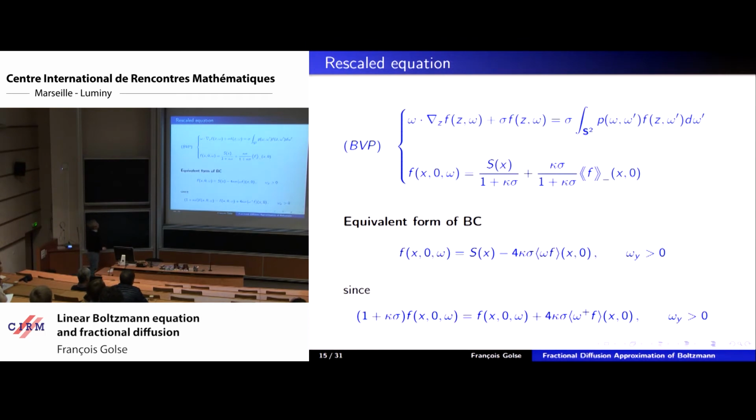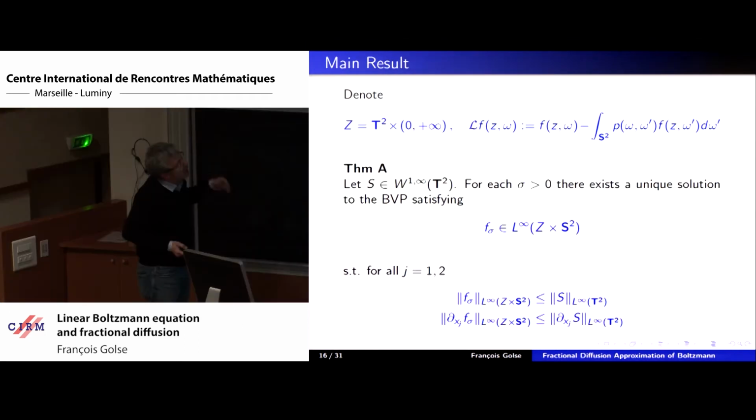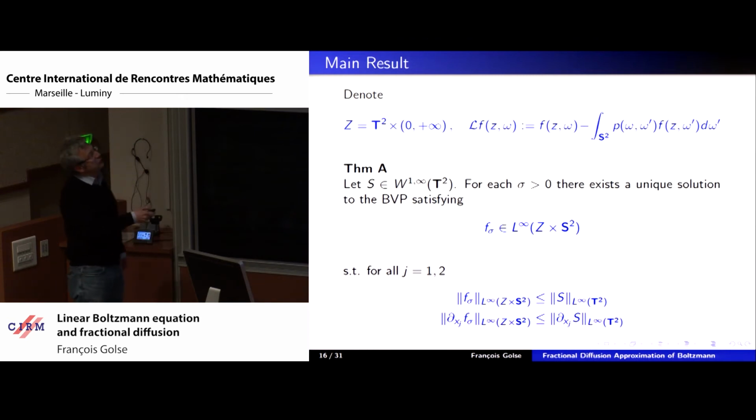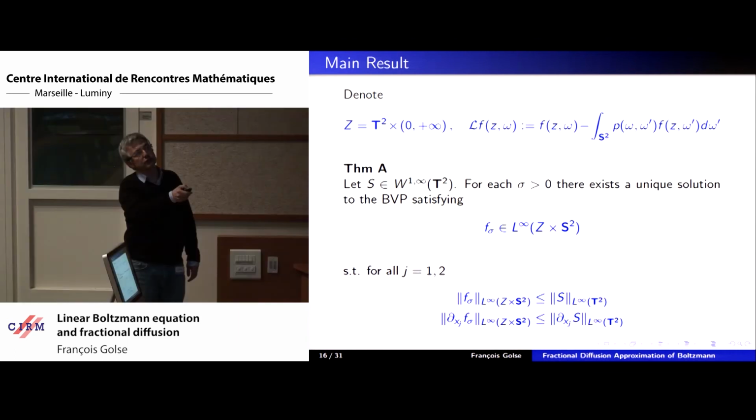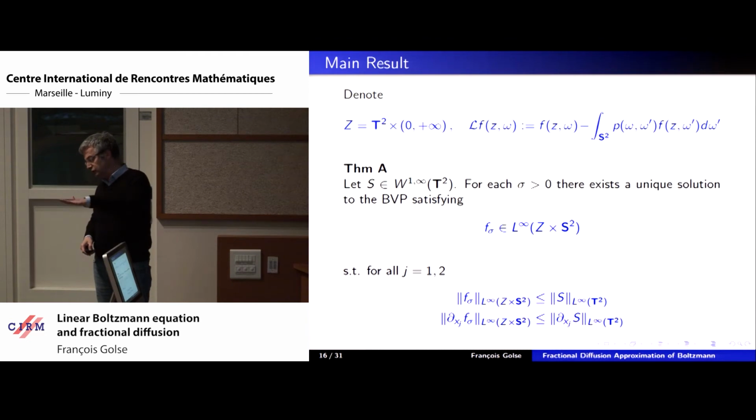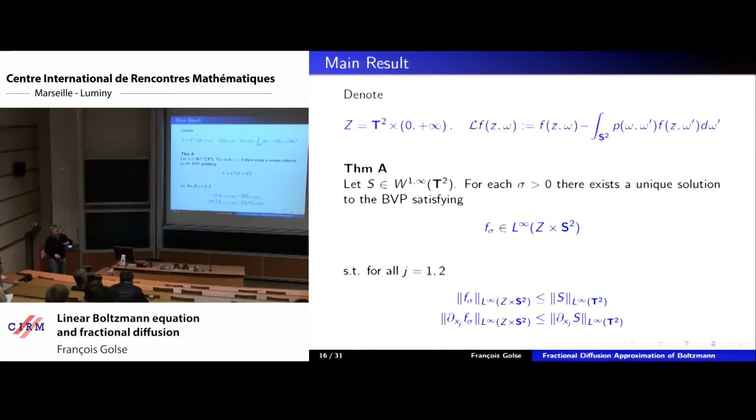Good, so now here is what you can prove. I'm going to call Z the domain, which is the product of the two-dimensional torus. For simplicity, I'm going to assume that on the interface, my data is periodic in both directions, right?